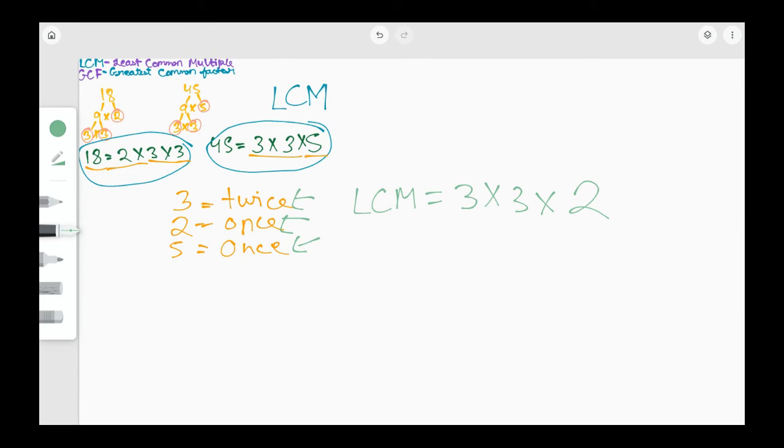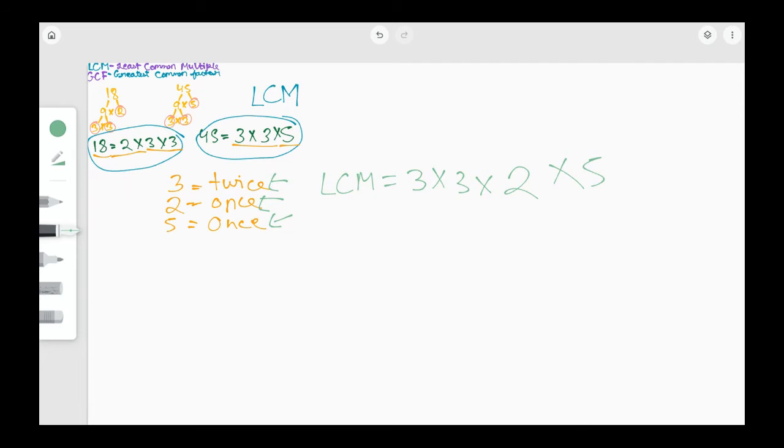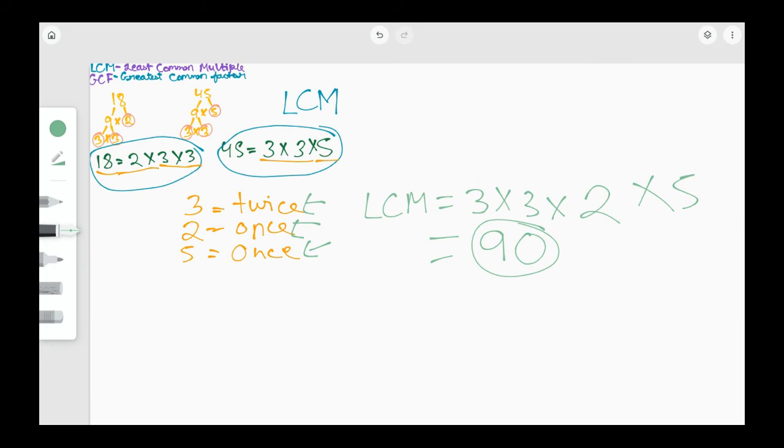Now I'm going to multiply and get my answer. 3 times 3 is 9. 9 times 2 is 18. 18 times 5, I think that's 90. Right, guys? Yeah, that's 90. 90 is our LCM. There we go, we got our LCM.